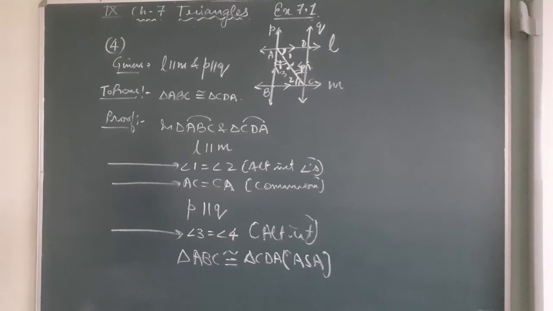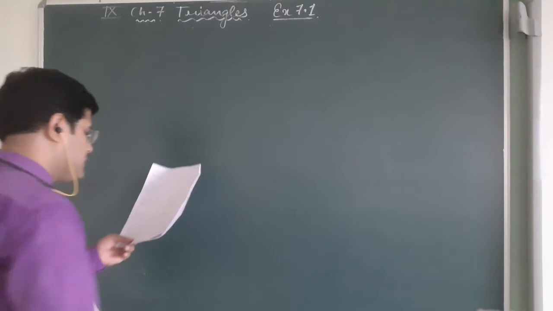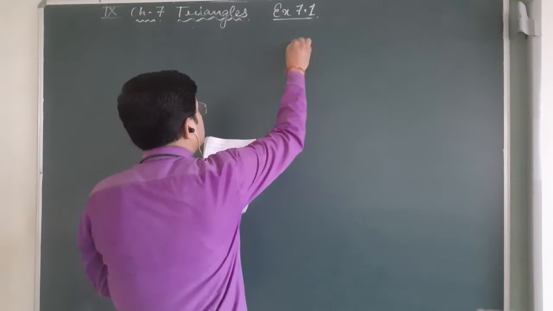So here I have done question number 4 for you. Question number 5 you can manage to solve because it is similar to question number 4 and question number 2. So move to question number 6 directly. Okay students, question number 6 is a very important sum. Note down question number 4 first. Now question number 6: there is a triangle ABC.